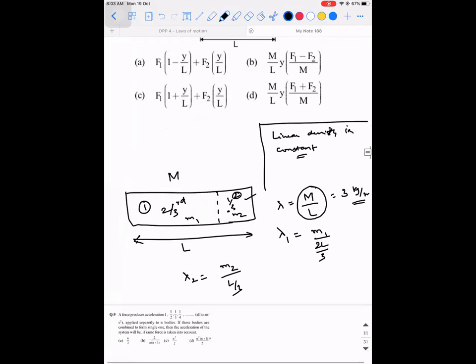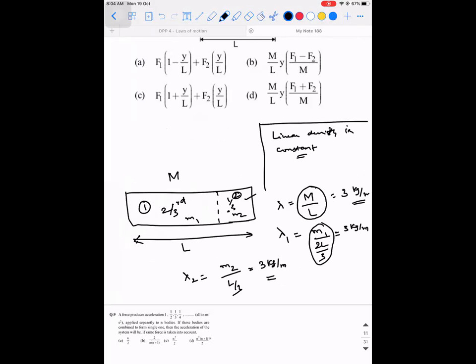For me to say that it has uniform density, what should this value numerically come out as? I'm talking about a number. It should come out as the same 3 kilogram per meter, and then I can say that it has a uniform mass density.